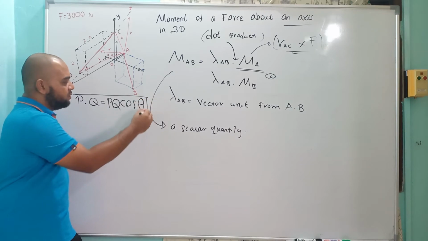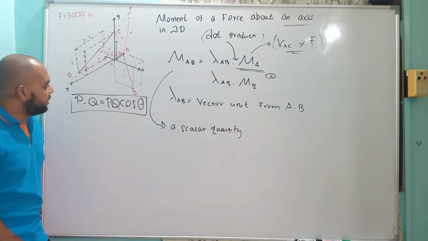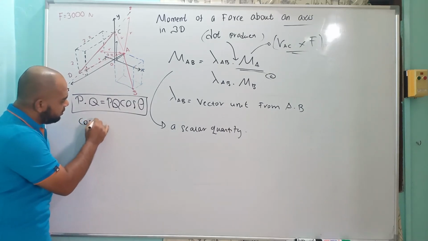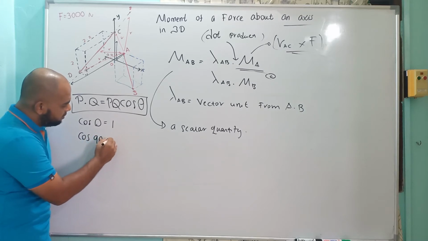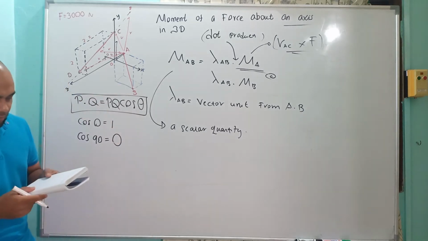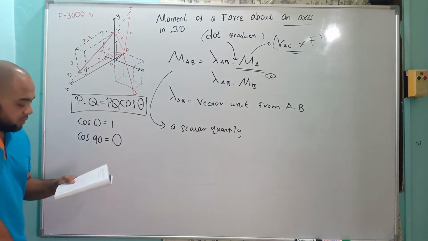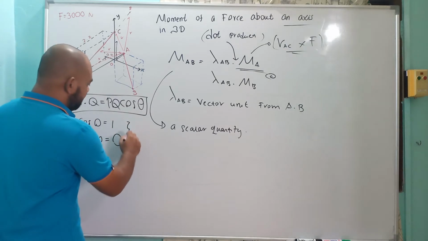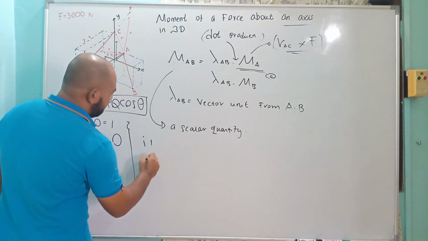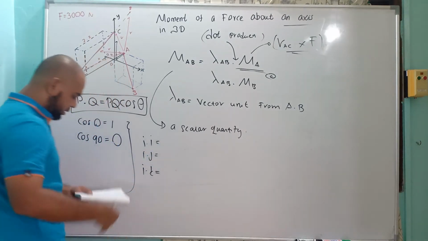We know that cos 0 equals 1, and cos 90 degrees equals 0. Because of that, later on you will see that I dot I equals 1, I dot J equals 0, I dot K equals 0, and so on.